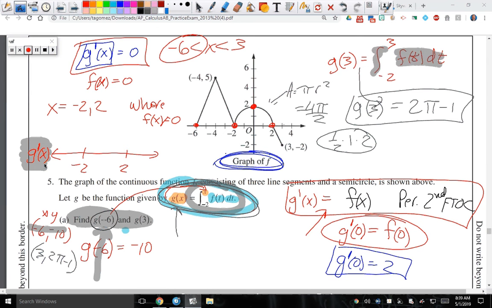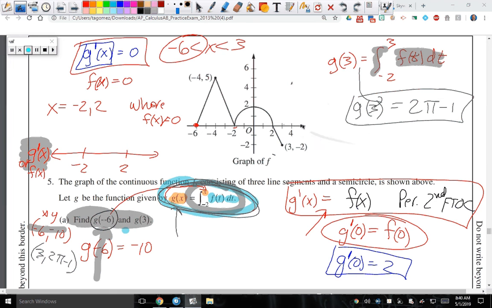What else could I put here instead of G prime of x? F of x. Okay, so now I'm putting f of x because we're tying that relationship between G prime of x and f of x, since we're going to analyze the signs for G prime of x by looking at f.